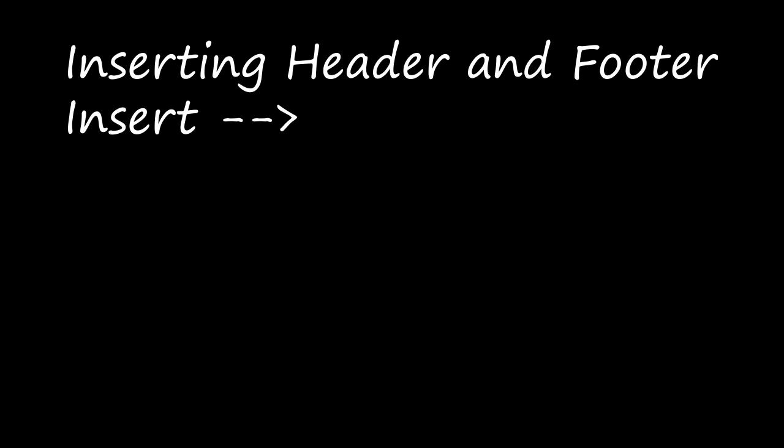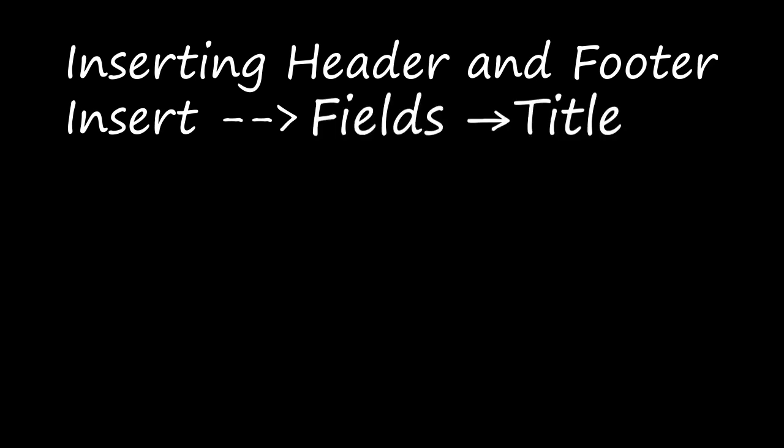Or you can select Insert Fields and then give the title also. Similarly for the footer, you go to Insert, then Footer, and then the default one. The insertion pointer will be in the footer section of the page. From there you can go to Insert Fields, and if you want to insert the date, you can insert it, and the page number also.